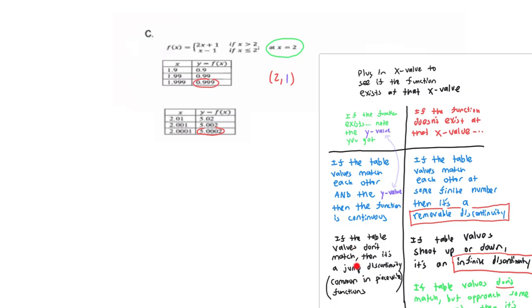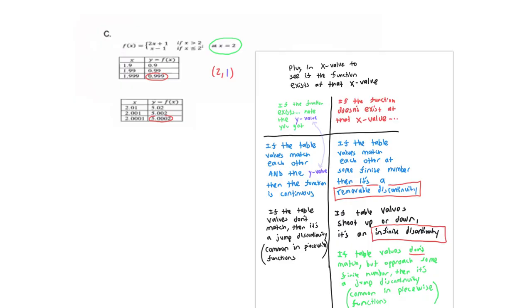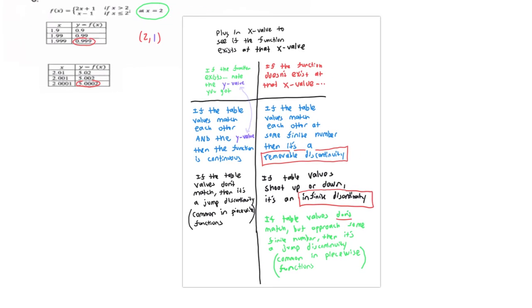So we need to look down here. If the table values don't match, then it's a jump discontinuity, which is common in piecewise functions. Well, this is indeed a piecewise function. This y value does not match this y value. So therefore, yes, jump discontinuity. Okay. That's the last problem of its kind. I want to just go over the rest of this.